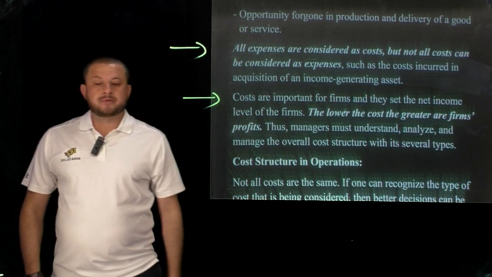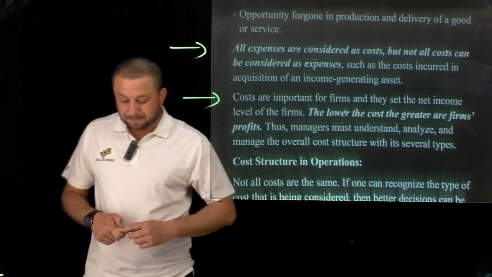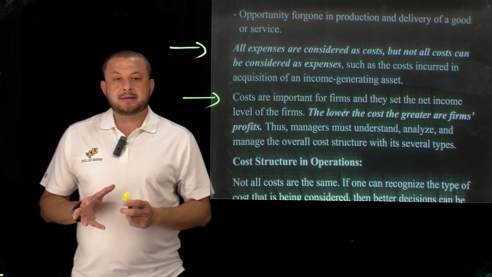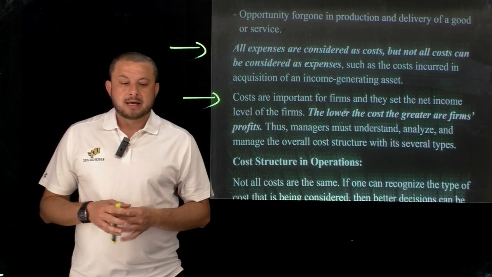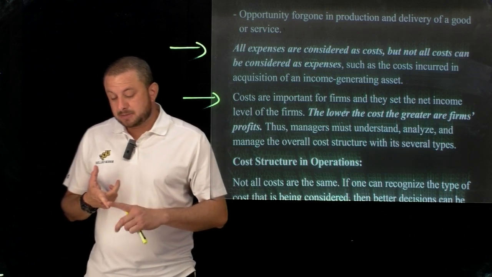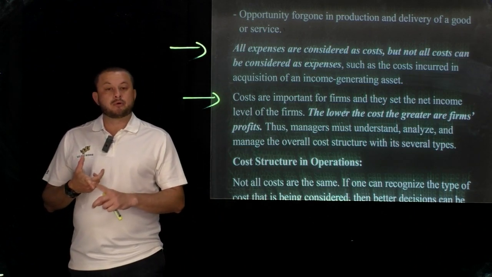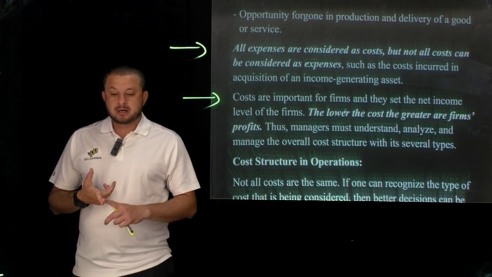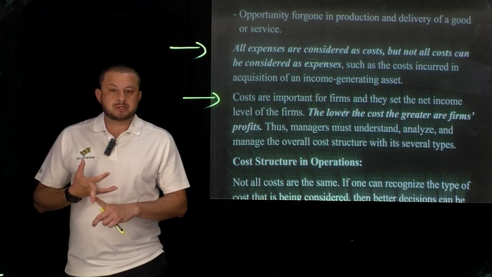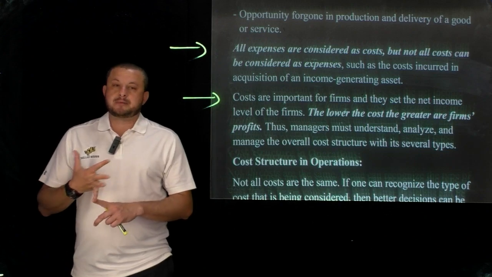Cost is important, guys. It's very important because by managing the costs right, by controlling the costs right, hospitality establishments realize more and more profits, a higher level of profits, increase their profit margins, increase their revenues, decrease their break-even points.